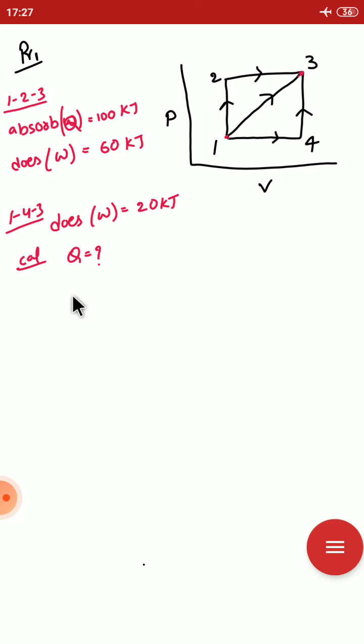From the first law of thermodynamics we have a relation: Q is equal to the change of energy delta E plus W for a change of state. By using this we are going to solve. First the 1 2 3 path.